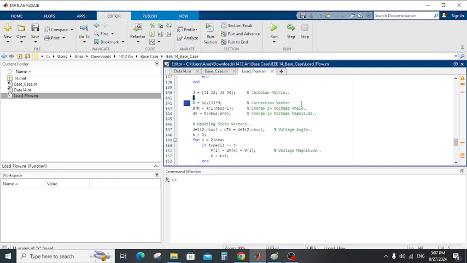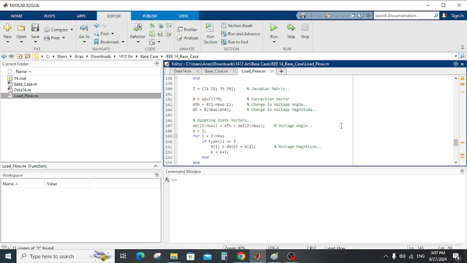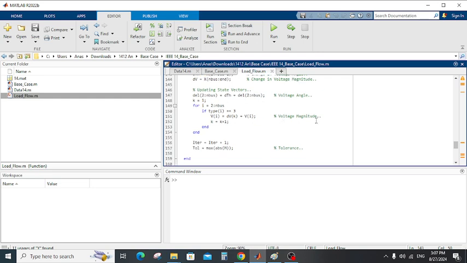From the correction vector we extract the voltage angle and the voltage magnitude. Then we update the state vectors for the voltage angle and voltage magnitude, and we calculate the tolerance.